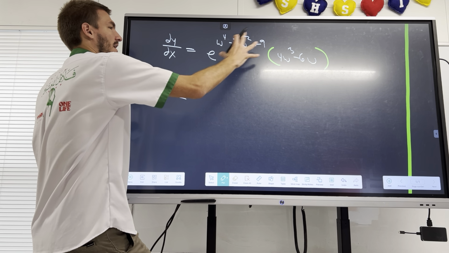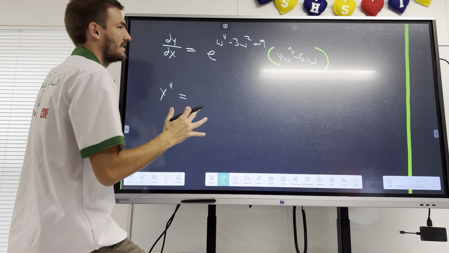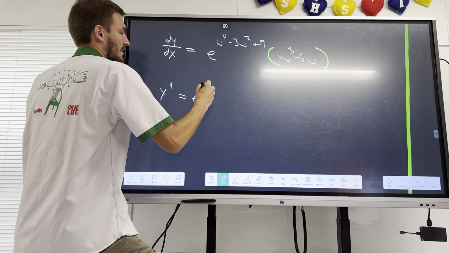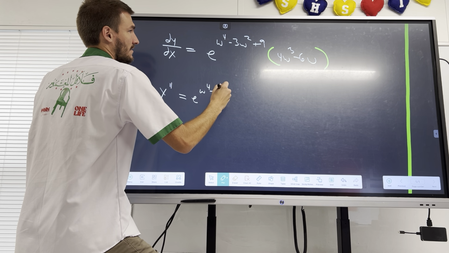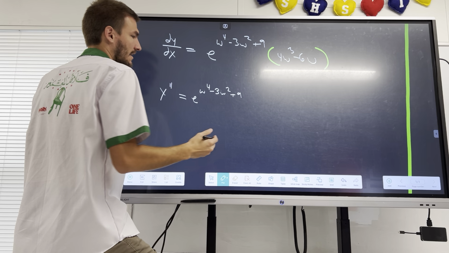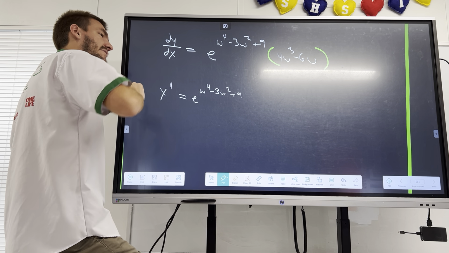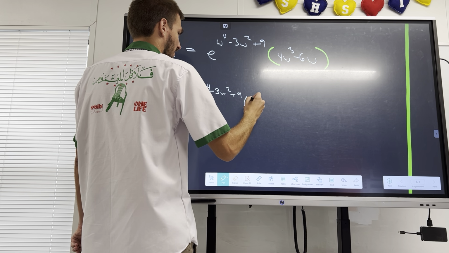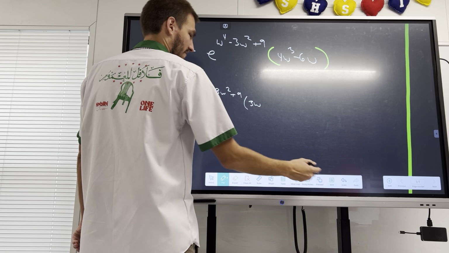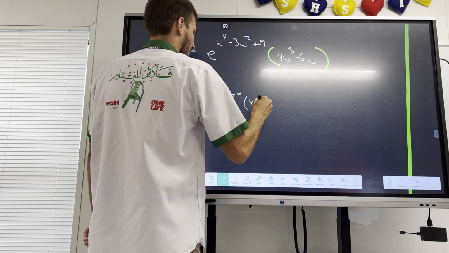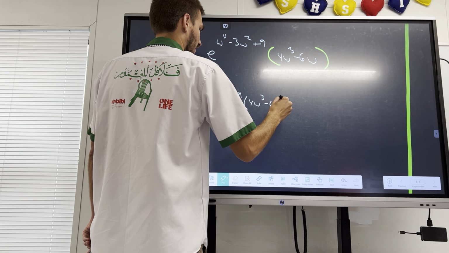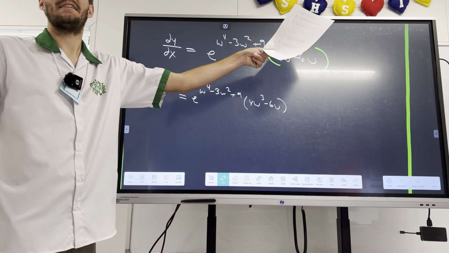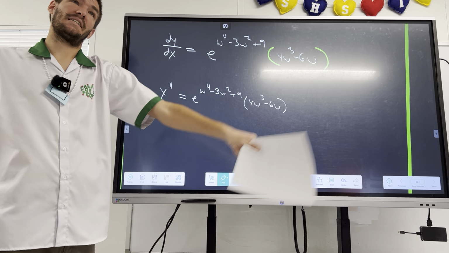Now this looks like product rule, this piece and that piece. And so if we're going to do the product rule, we need to do the derivative of the first one, which is e to the w power 4 minus 3w squared plus 9. When we take that derivative, it's going to eject out a derivative, which is going to be 4w cubed minus 6w. And that's going to be multiplied by this, which was already there, the same thing it had already ejected last time.